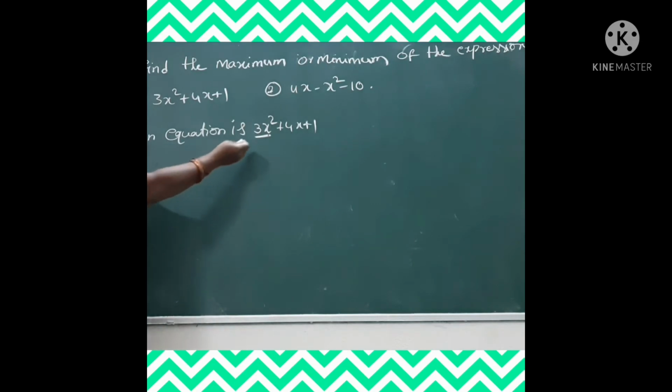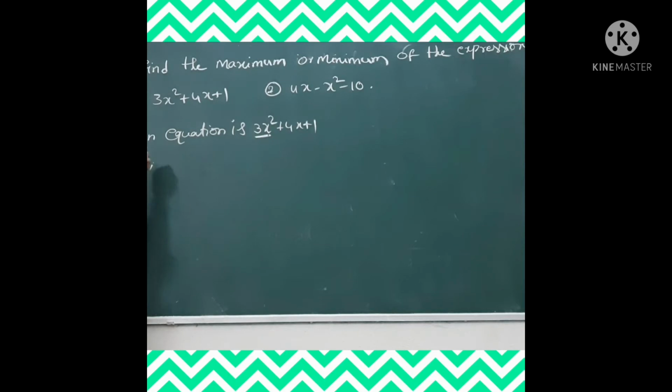What is x square coefficient in this equation? 3. 3 is the a, greater than 0. Okay, a greater than 0 means minimum value. We already learned the first condition, a greater than 0 is the absolute minimum at x is equal to minus b by 2a and 4ac minus b square by 4a.